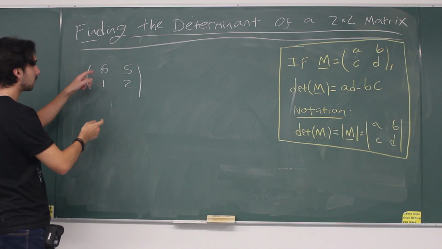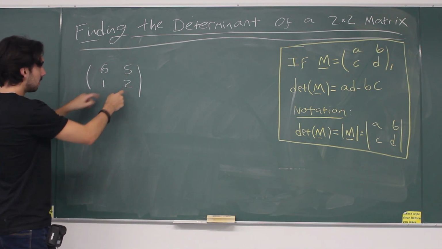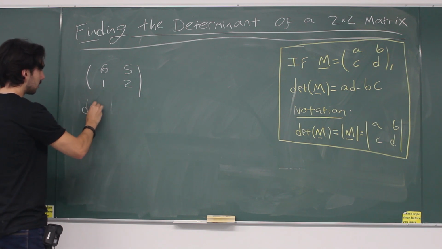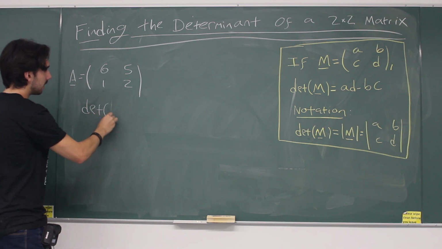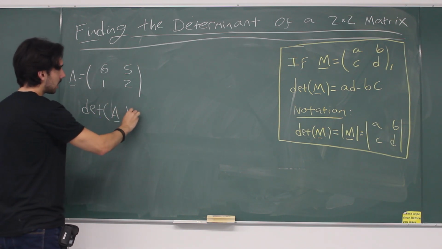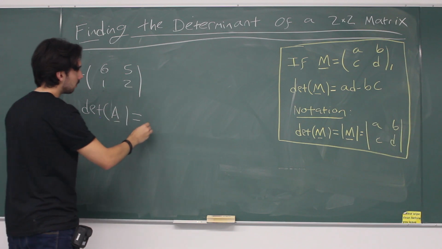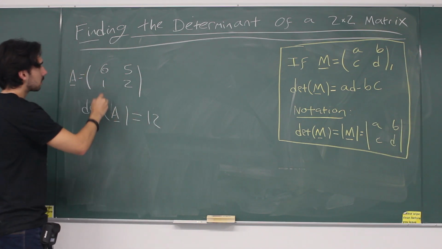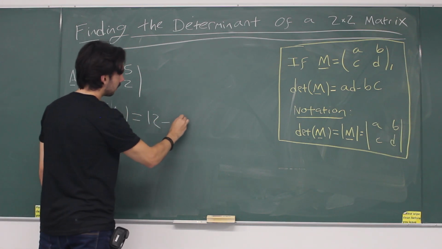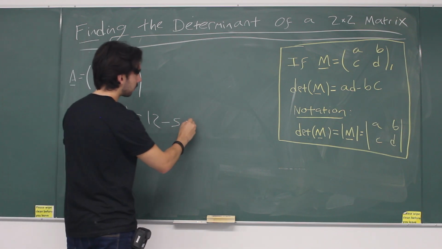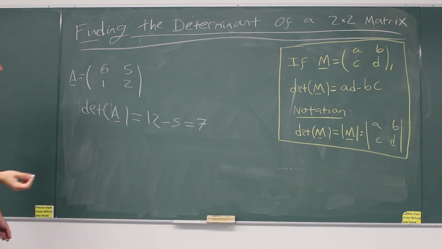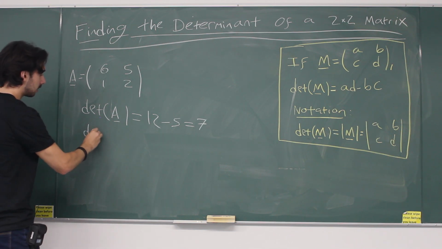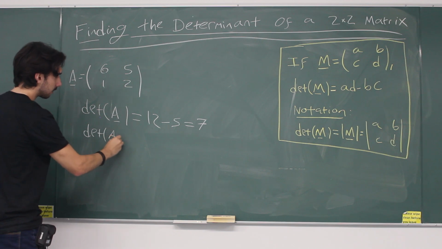We notice that A, B, C, D, the determinant of this matrix, maybe I'll call the matrix A so that I can write det A. That's just going to be 6 times 2, which is 12, minus 1 times 5, which is 5, and 12 minus 5 is 7. So the determinant of this matrix, det A, is 7.